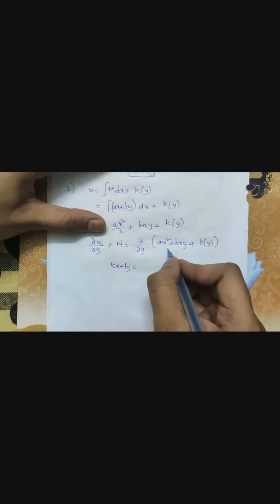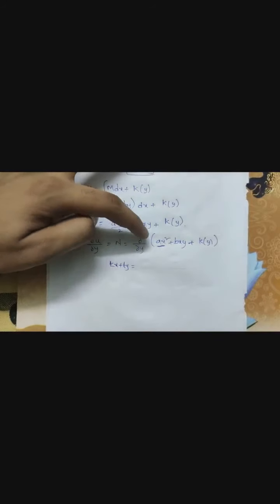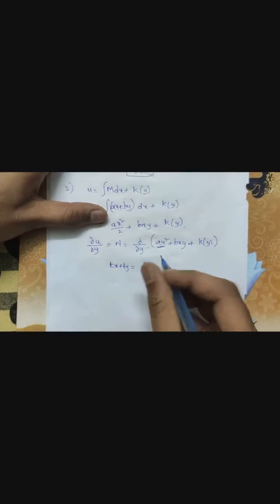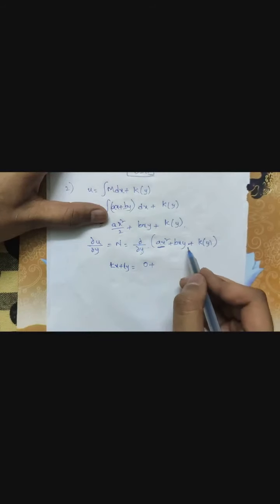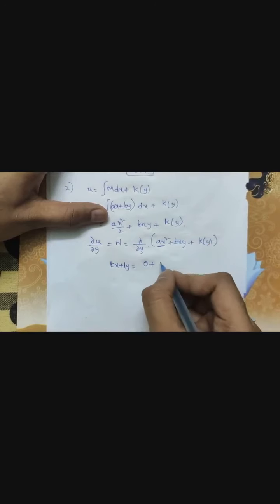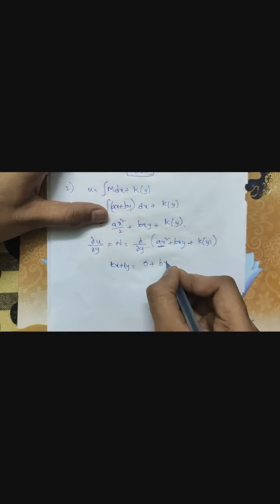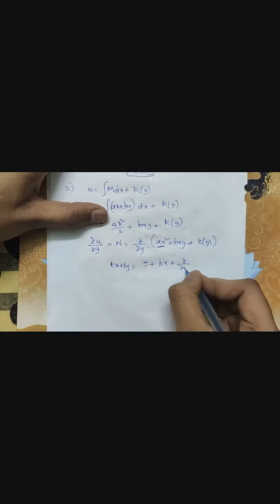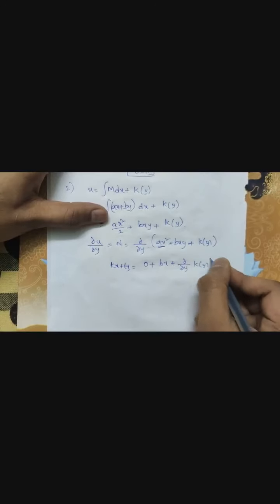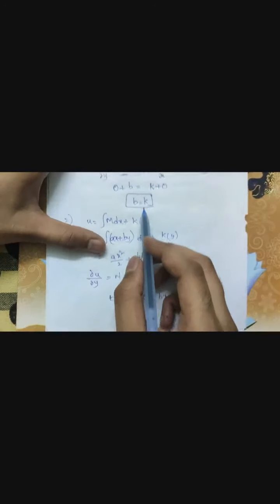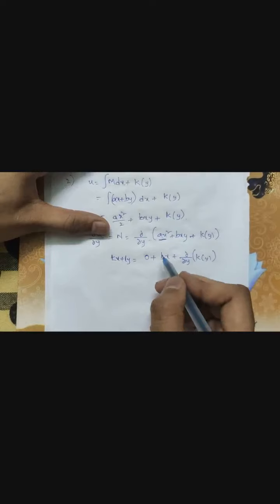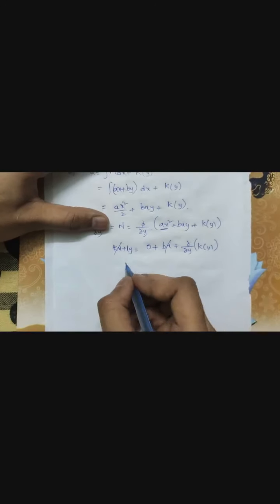When partially differentiating with respect to y, the first term acts as a constant, so 0, plus dou by dou y of bxy. For y it gives 1, bx acts as a constant, so we get bx plus dou by dou y of k of y. As we got the condition b is equal to k, we can cancel out these two terms.